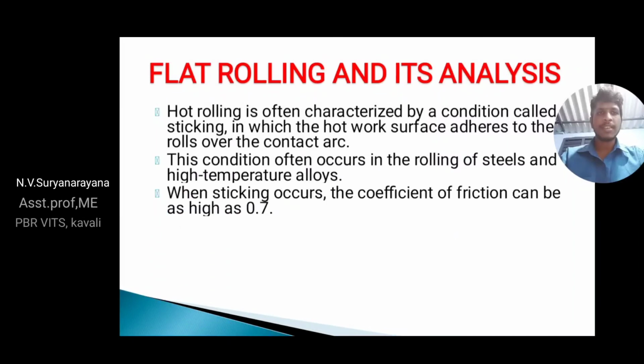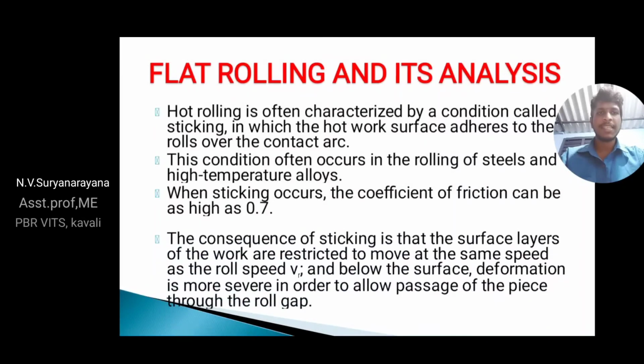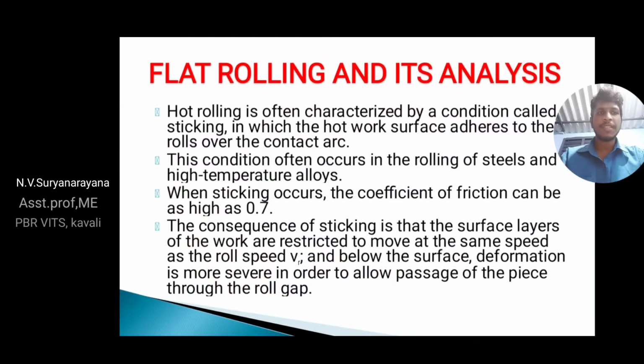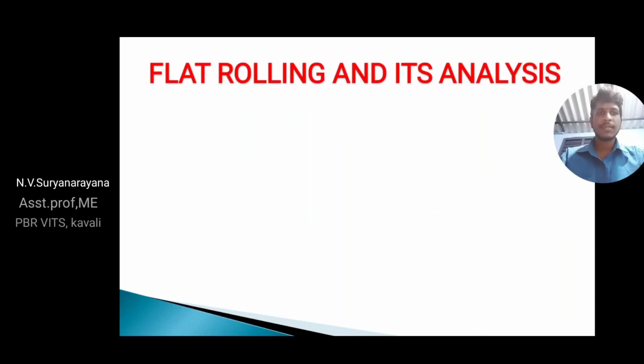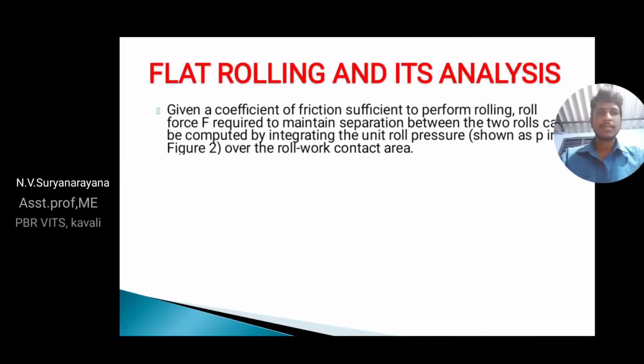Hot rolling is often characterized by a condition called sticking. The condition occurs in the rolling of steels and high temperature alloys. When sticking occurs, the coefficient of friction mu can be as high as 0.7. Next, a coefficient of friction sufficient to perform rolling is needed.